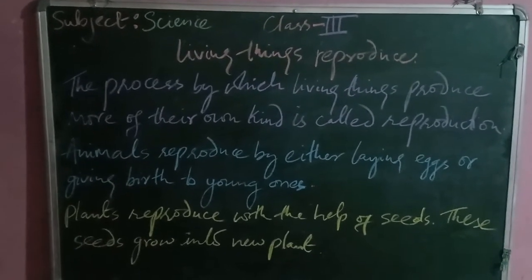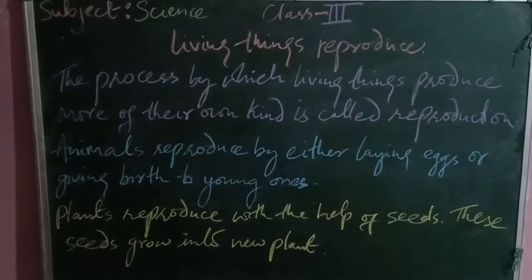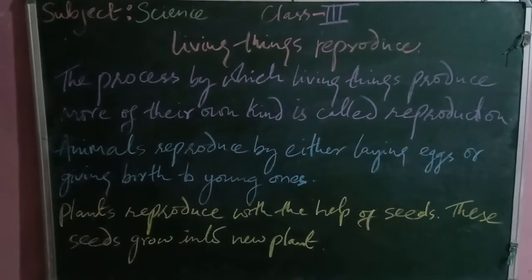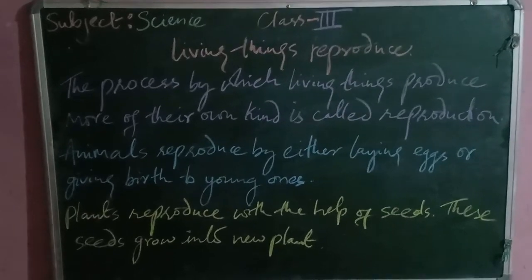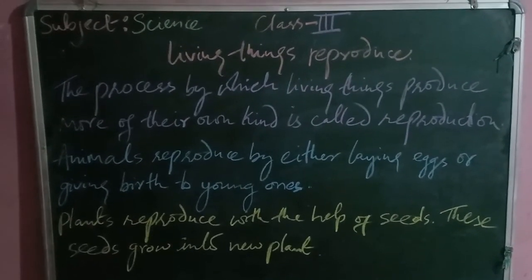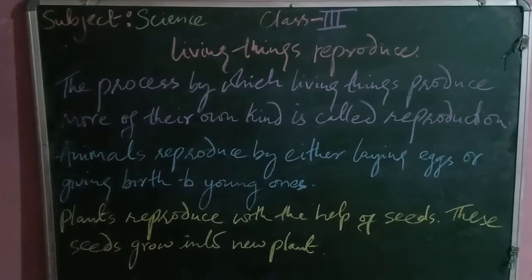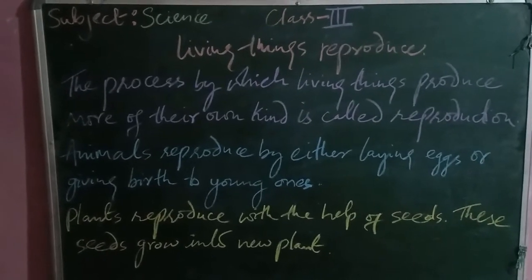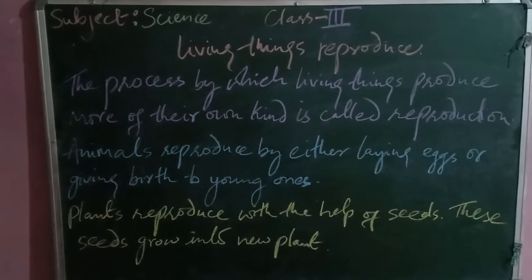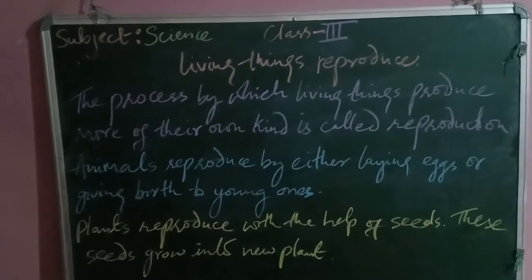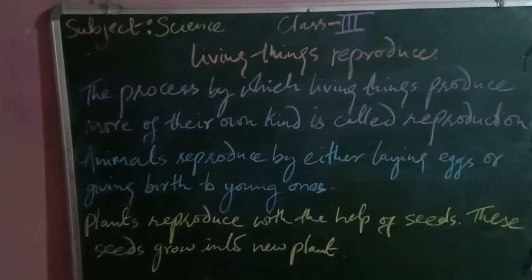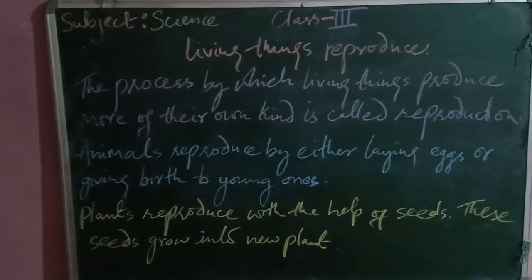Then we have plants. Plants reproduce with the help of seeds. These seeds grow into new plants. Some plants like carrot, money plant and potato also give rise to new plants with the help of their root, stem or leaves.